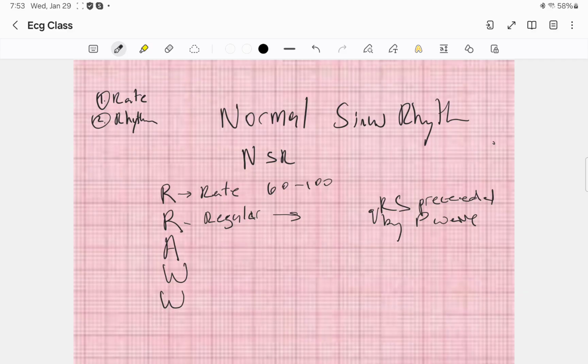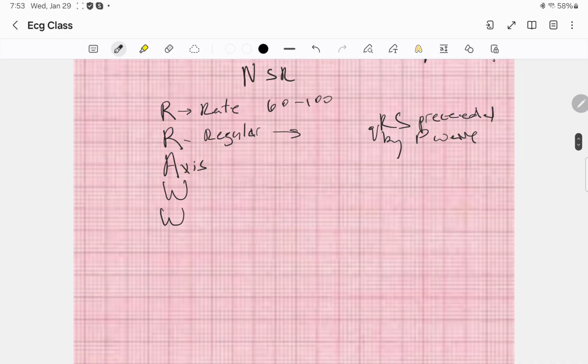Okay, good. So now A is axis. So what are we talking about? We're saying axis of the P wave. So under normal circumstances, not only is the mean electrical vector of the heart, right, down and to the left, but also the mean electrical vector of the atrium is down and to the left, right?